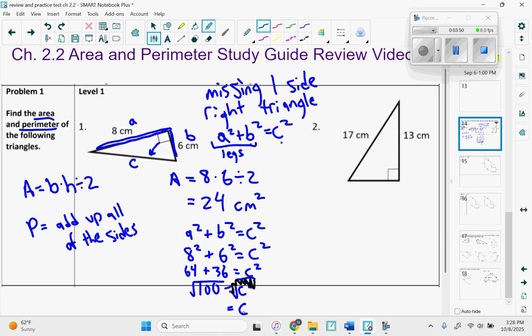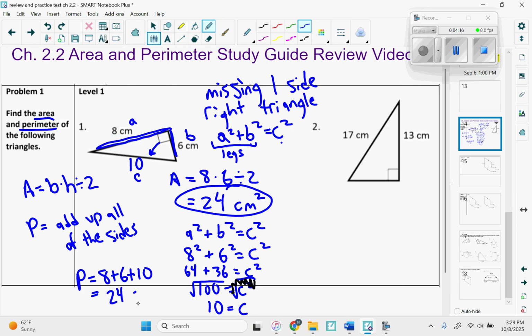And so C is the square root of 100, and our answer is 10. So now we know C is 10. So the perimeter for this problem, this was the area. The perimeter is just adding up the three sides, 8 plus 6 plus 10, and that gives us a total of also 24 centimeters. Notice perimeter is just a unit, area is a unit squared.